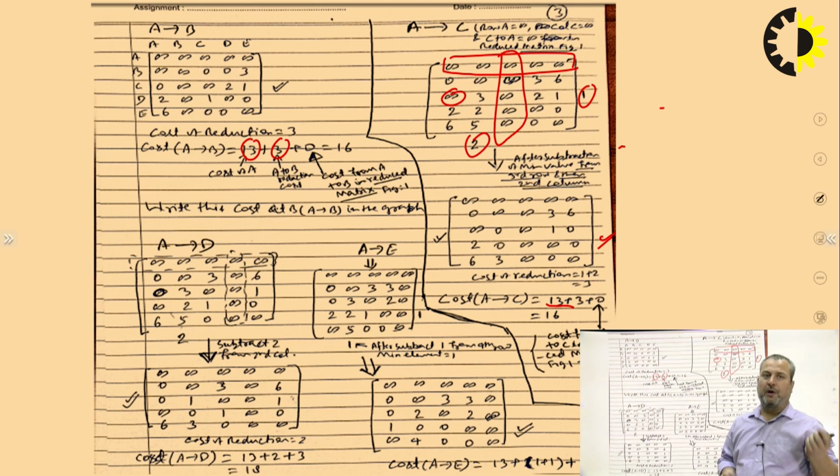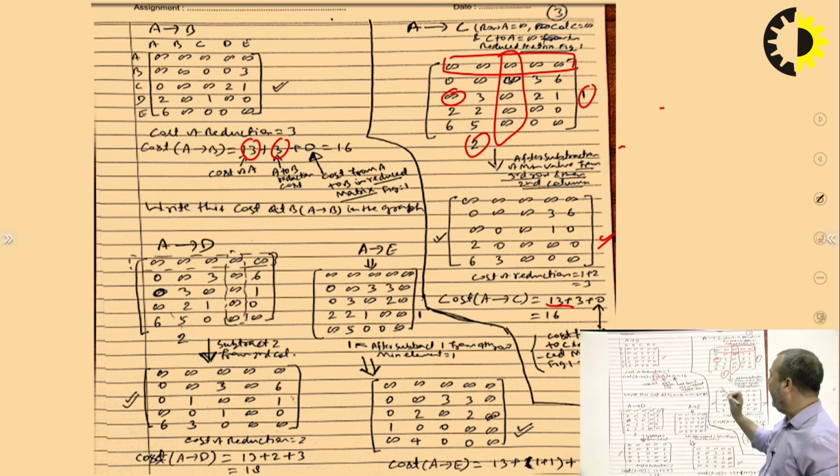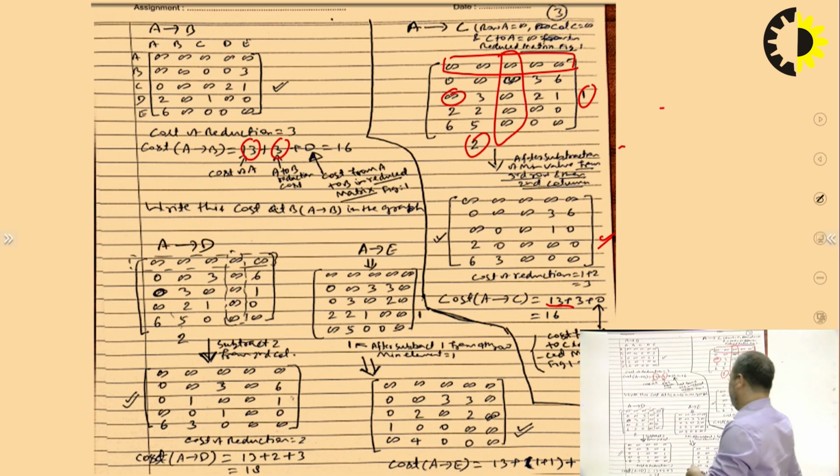If it is not so, we will find the minimum element of the row and subtract it from all the elements of the row. We will get at least one 0 in the row, and similarly for the column, at least one 0 for the column. If it is not so, we will get the minimum element from the row and column and add them. And if it is A to D, we will also check the cost from A to D in the reduced matrix. That becomes the cost at D, because in the state space it will be here. Okay.